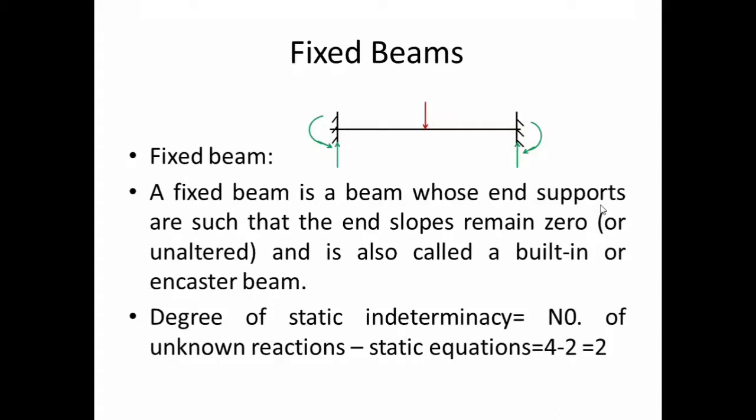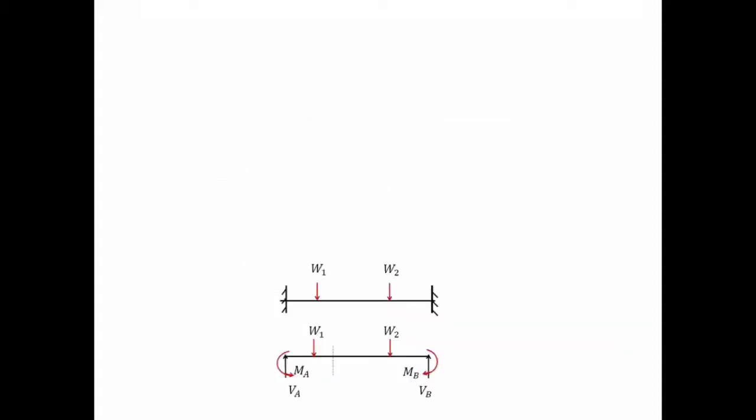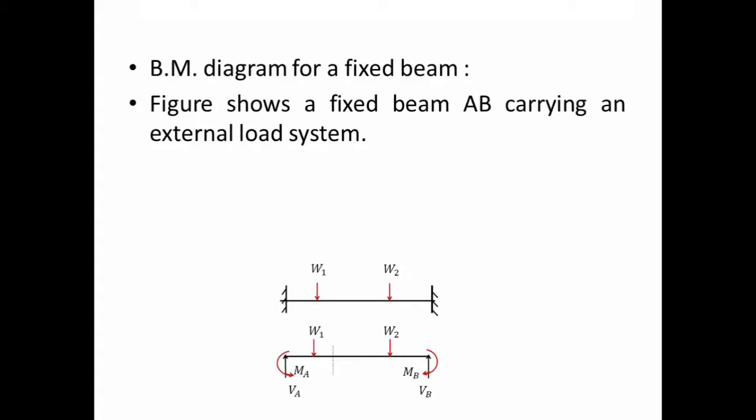How to find fixed end moments using the basic approach. Okay, so how is the bending moment diagram for a fixed beam to be drawn? The figure shows a fixed beam AB carrying an external load system. So this is the beam we are talking about. Now what we have done, we have removed the fixity on the supports.